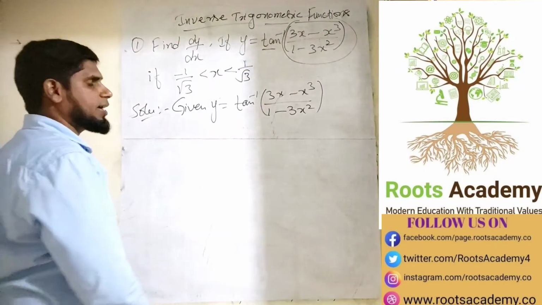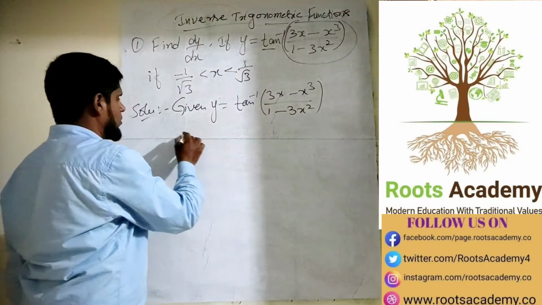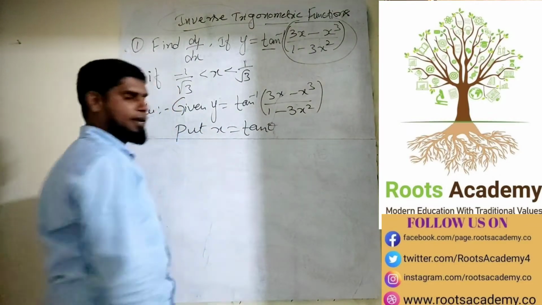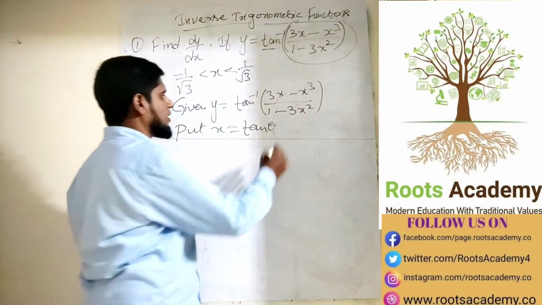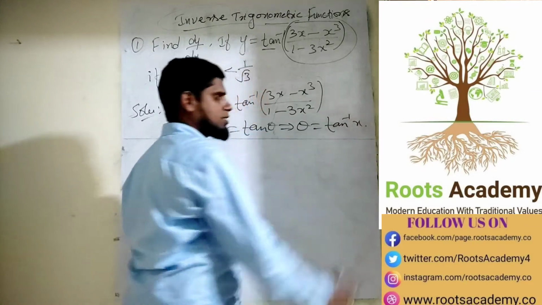I will put x as tan theta because the constant here is 1. Put x equals tan theta. With this, what is my theta? My theta is tan inverse x.